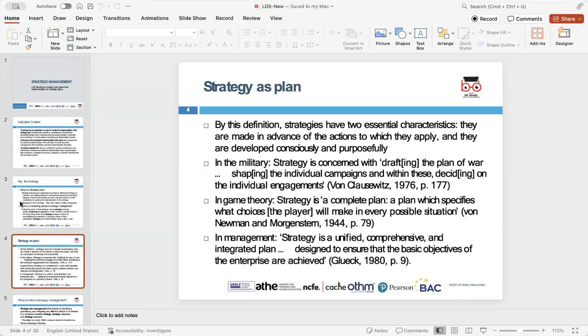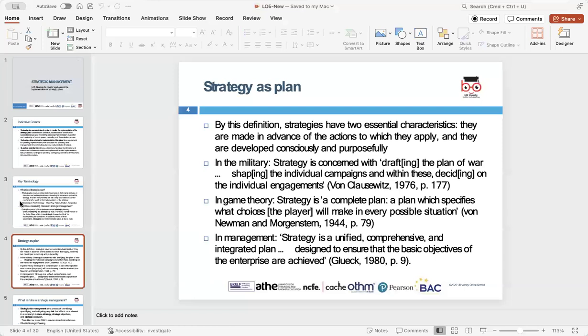In the military, for example, strategy refers to drafting plans for war, shaping individual campaigns, and deciding on specific engagements. Similarly, in game theory, strategy is defined as a complete plan that specifies the choices a player will make in every possible situation. This definition underscores the idea that a strategy must cover all potential scenarios.